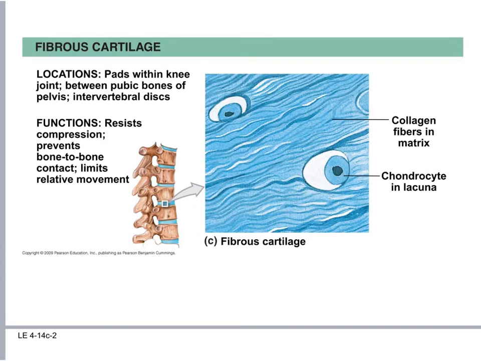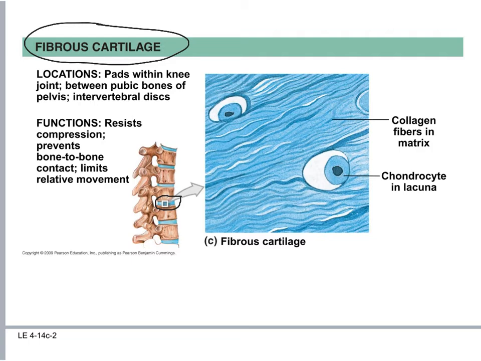The last type of cartilage that we have is fibrous cartilage. We look to see the location. This is your spine, and this blue thing in between is the intervertebral disc. When you've heard of a herniated disc, that's what herniates. The outside of that intervertebral disc is covered by this fibrous cartilage. Again, we look at the cell.